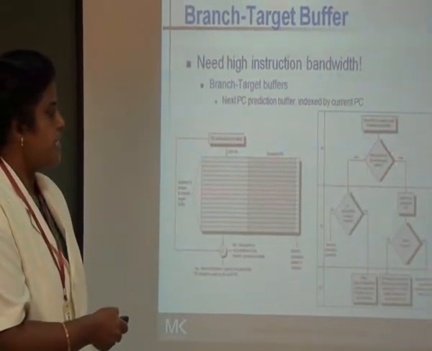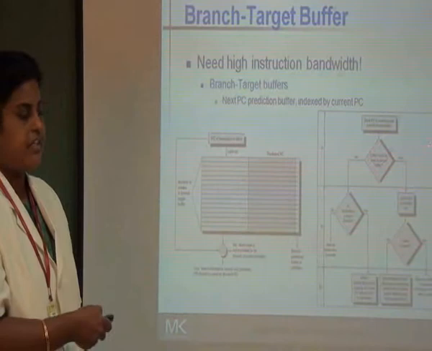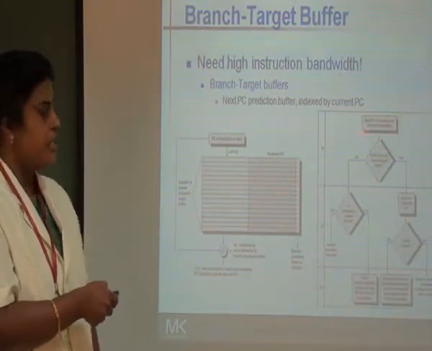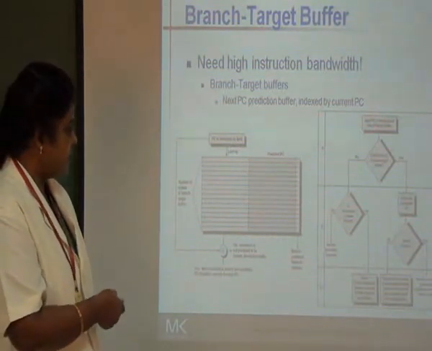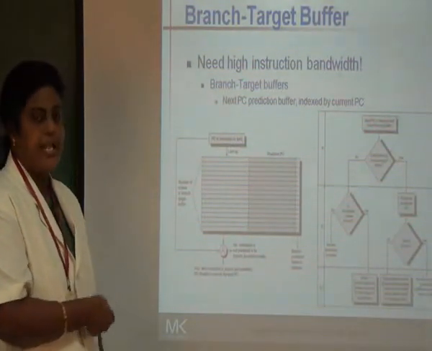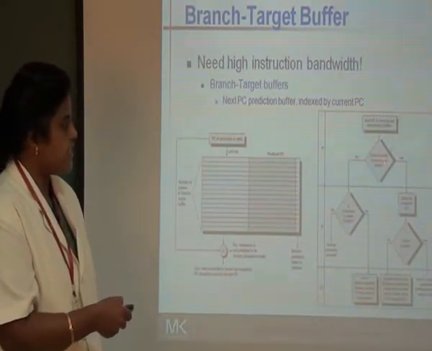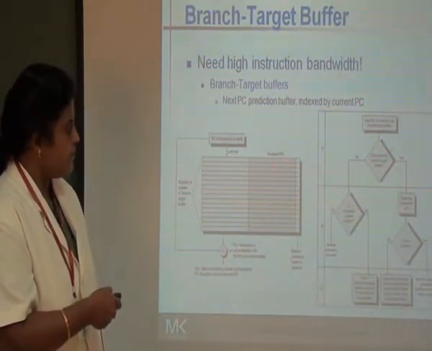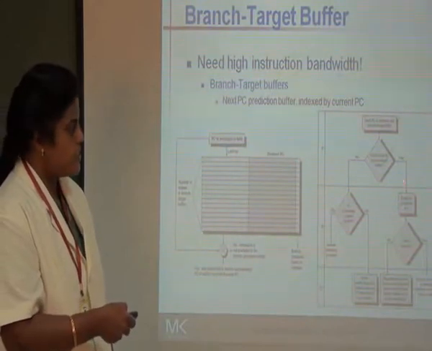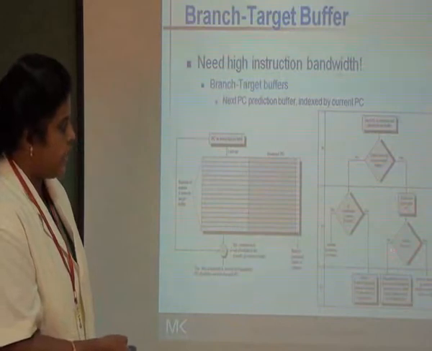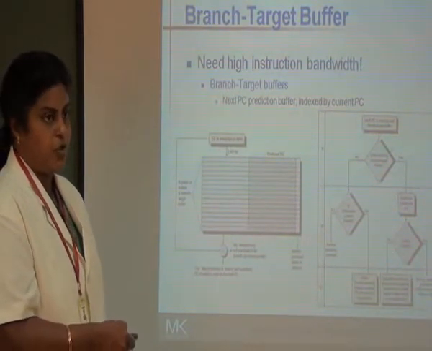So we check whether the entry is found in the branch target buffer. We have a PC entry here, and we have put a copy in the memory. So we take this PC content and check it against the entries available in the branch target buffer. If it is found, we take the predicted PC from here, and check whether it has taken a branch or not.